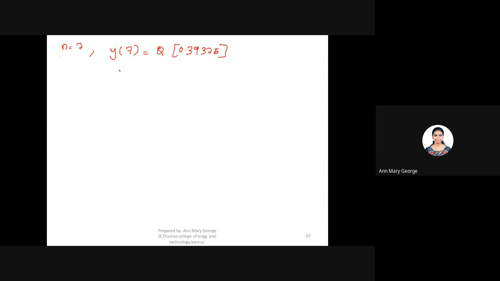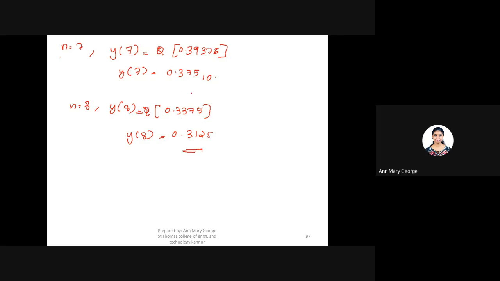And after rounding you will get it as 0.375, and similarly for n equal to 8, y of 8 will be q of 0.3375, and after rounding the final answer will be y of 8 equal to 0.3125. Okay.